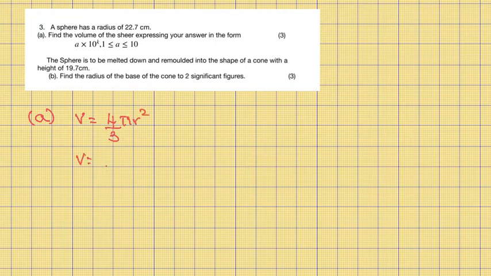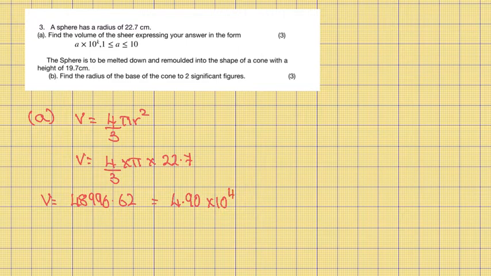So the volume is equal to 4 over 3 times pi times 22.7 cubed. Using your calculator, you get the volume is equal to 48996.62, which changed into scientific form is equal to 4.90 times 10 to the power of 4 centimeters cubed.